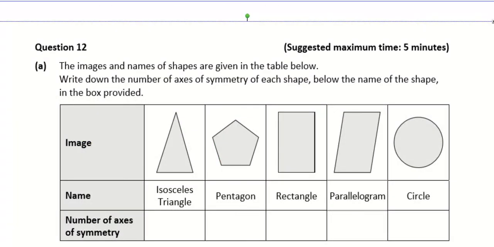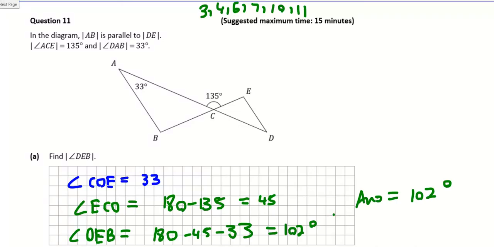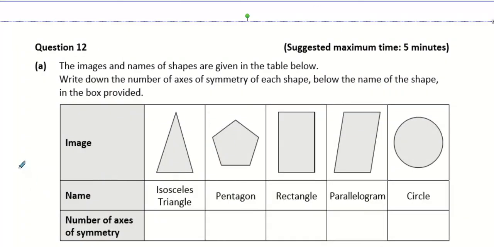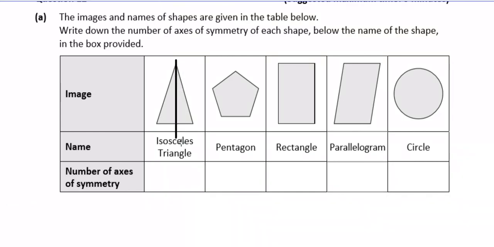Okay, next thing, question 12. So we've done 3, 4, 6, 7, 10, 11, and now 12. Okay, axis of symmetry. Now remember, that's when you slice down the middle and both sides can fall on top of each other.